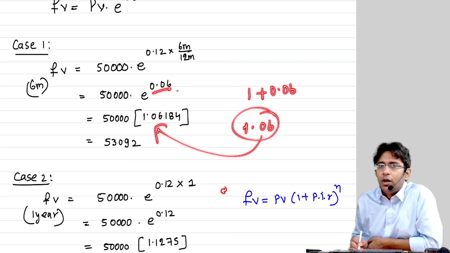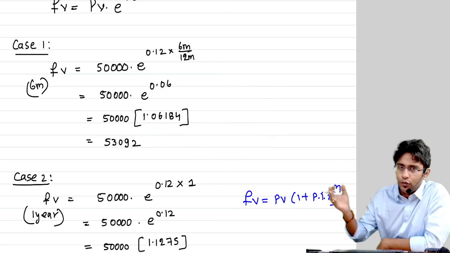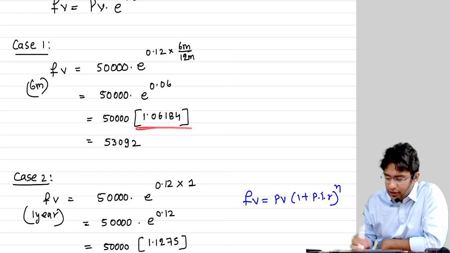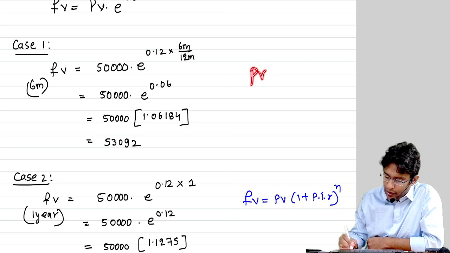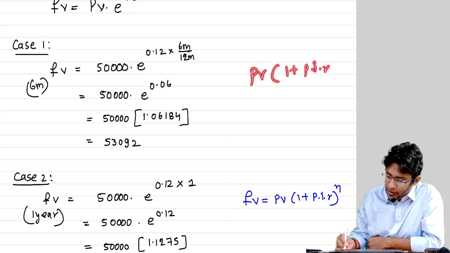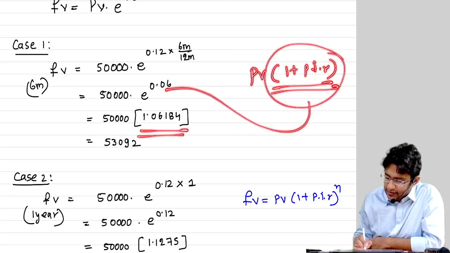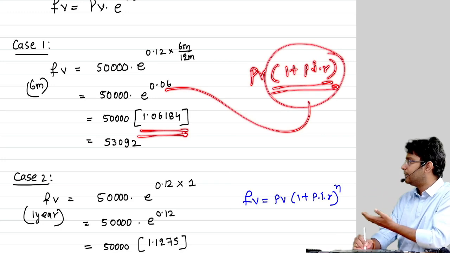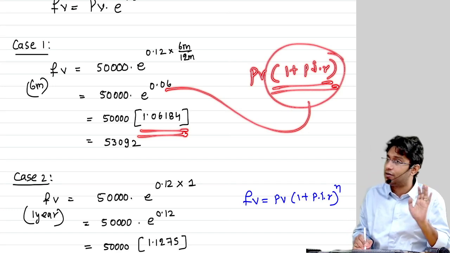When the question is shouting about continuous compounding, how can you do 1 plus whole power? If you do, you will not get continuous compounding effect, you will get normal compounding. That's as good as doing present value into 1 plus PIR. Don't use that. A risk is there.